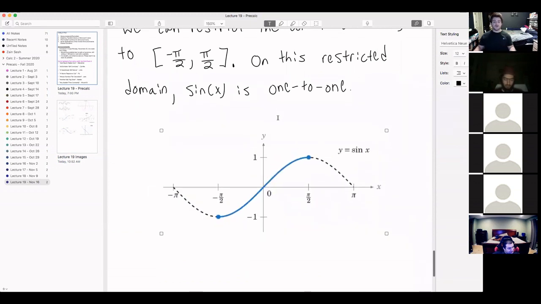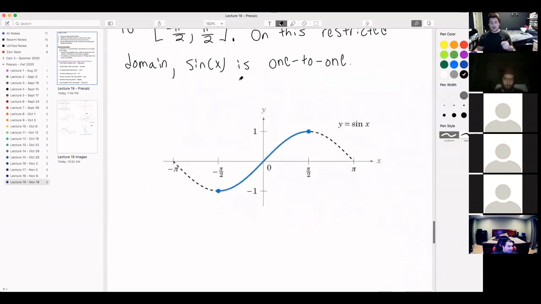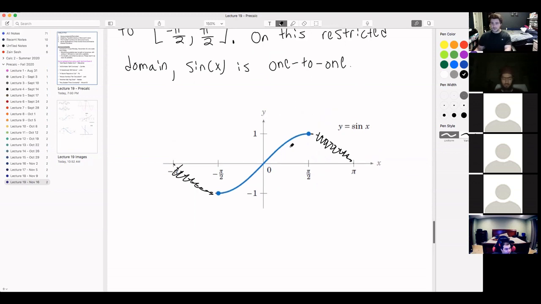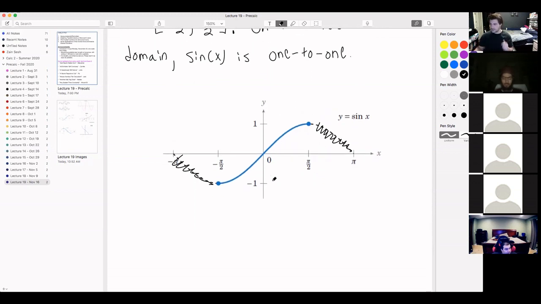You can see now the only part of the sine function that we are considering is this blue arc here. It's just the piece of the graph when you plug in x values from minus pi over 2 to pi over 2. And this dotted line part we're not considering anymore. You can see now very clearly that this passes the horizontal line test, and thus on this restricted domain, sine is one-to-one. So you can see that visually very clearly.